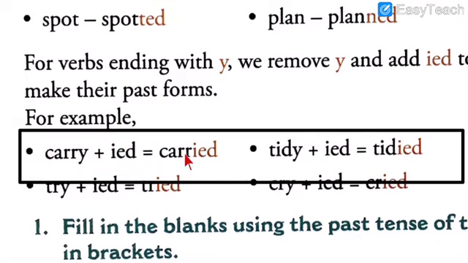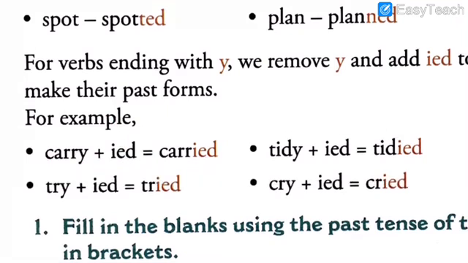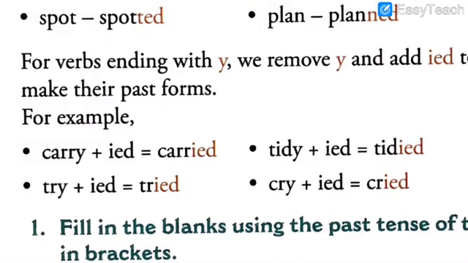So carry will become carried. Again tidy will become tidied. Try will become tried, and cry will become cried. I cried in the class yesterday as my homework was incomplete. Yes, this is a live example you can connect yourself with.